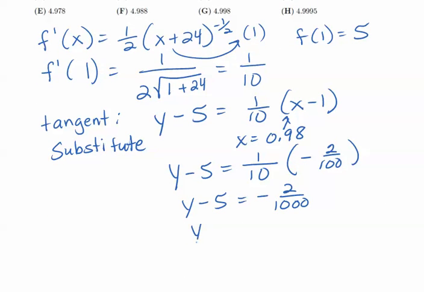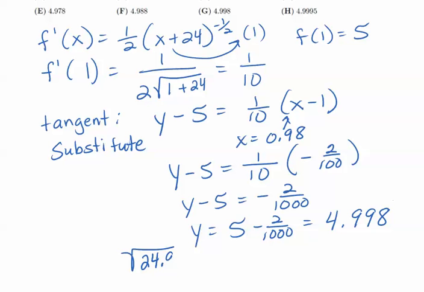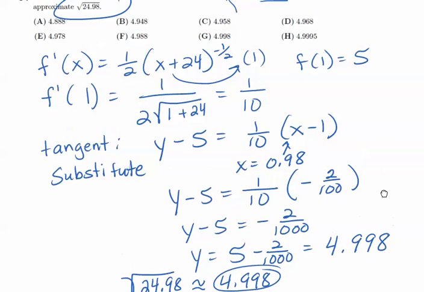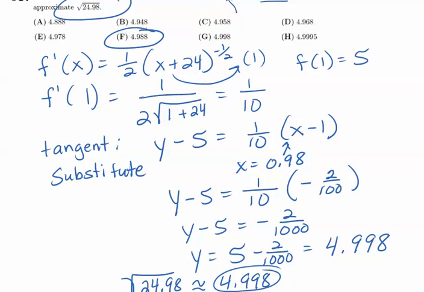And when we add 5 to each side, now we have to be a little careful here. If we want to change this back to decimal, for example, 4.998, if we're subtracting 2/1000ths. So this is our approximation. So we were approximating the square root of 24.98, and we came up with an approximation that seems quite reasonable, and it is our choice F.